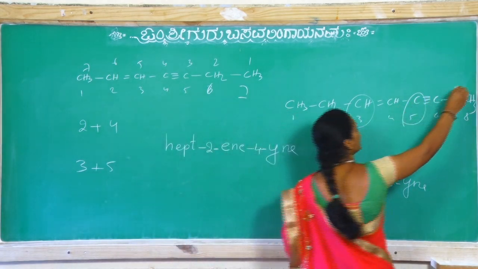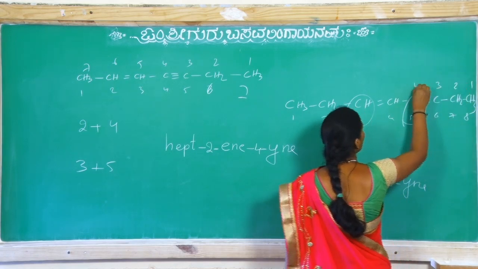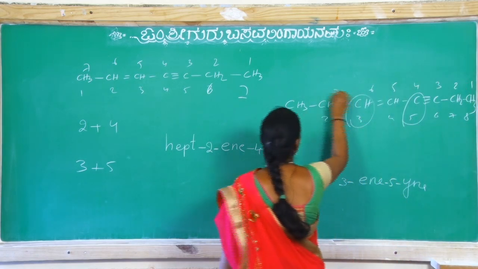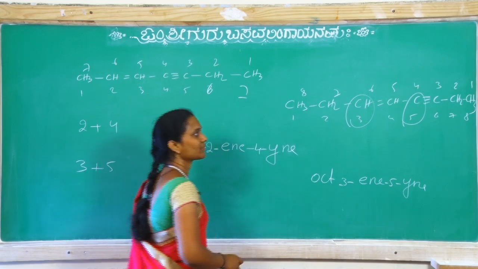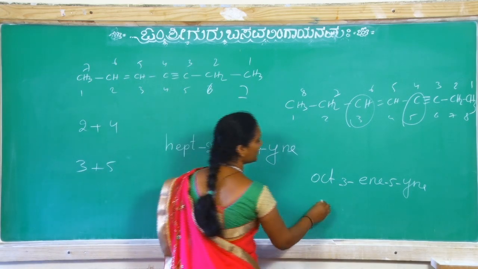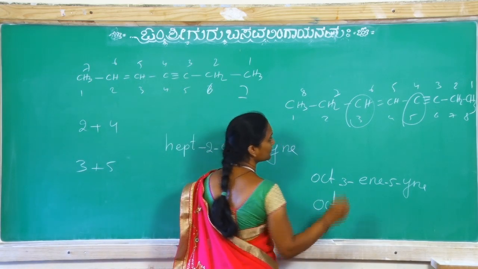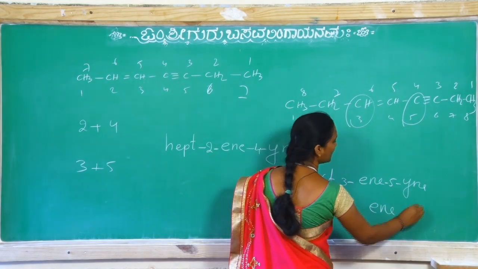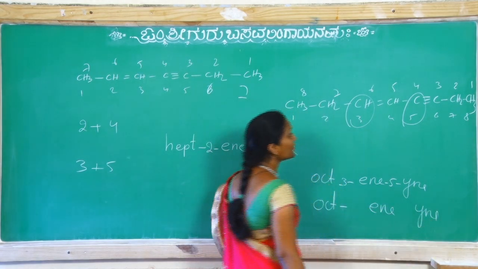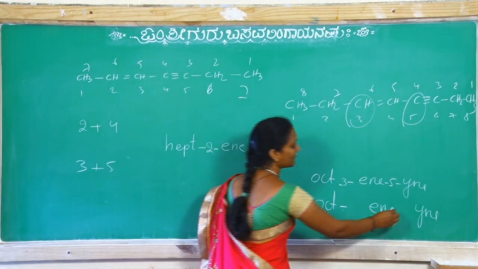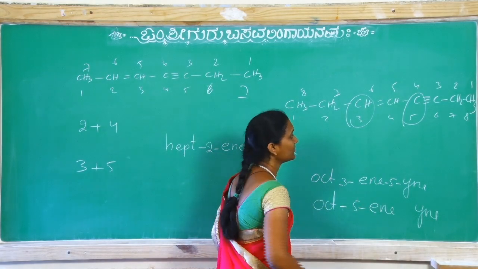From this side number 1, 2, 3, 4, 5, 6, 7, 8. Okay. Now name oct. First write ene, then write yne. Ene position 5, yne position 3.